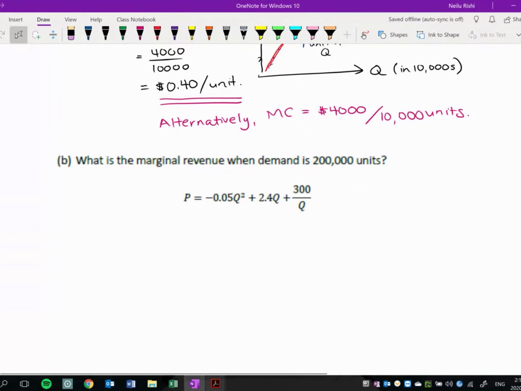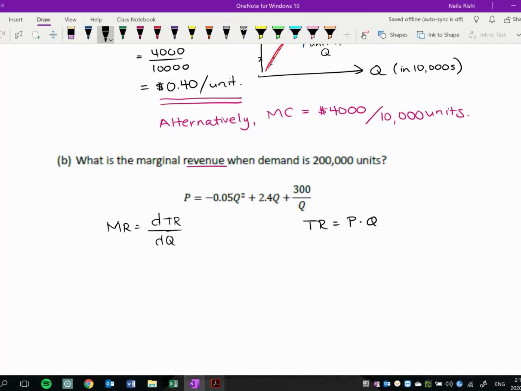So now if I'm looking at revenue, marginal revenue is defined as the change in total revenue with respect to quantity. So this time I'm going to need to come up with my total revenue equation, which is price times quantity.